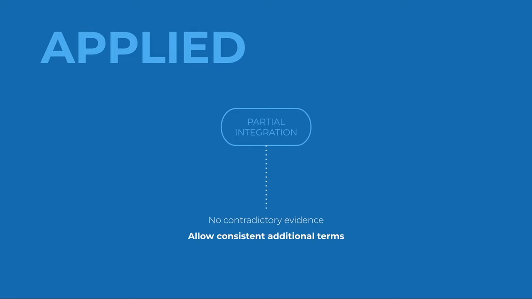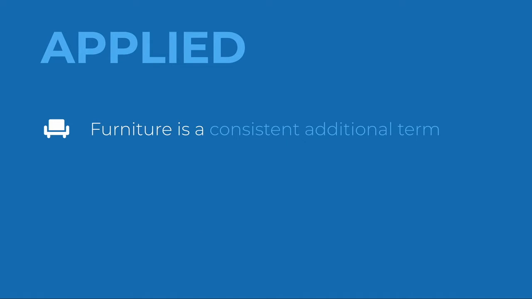So we can supplement it with consistent additional terms. So what are those consistent additional terms? Well, here, the furniture term is a consistent additional term, because the written agreement doesn't say anything one way or the other. It is silent about the furniture. So this would be considered a consistent additional term. That's fine. It would be allowed to come in.